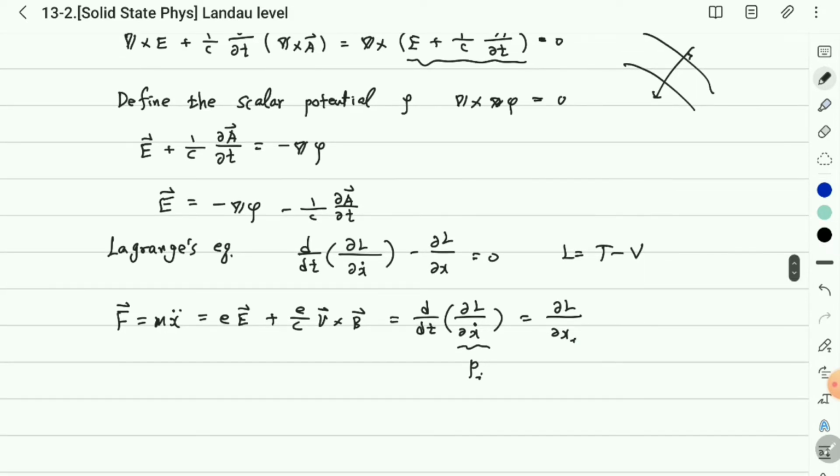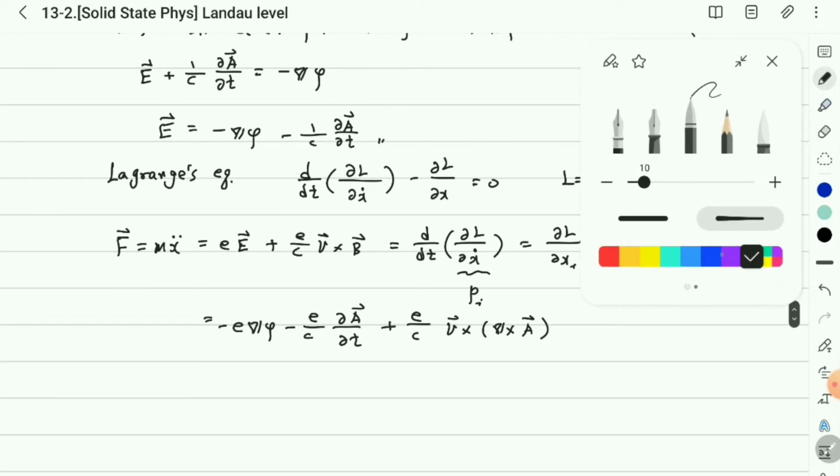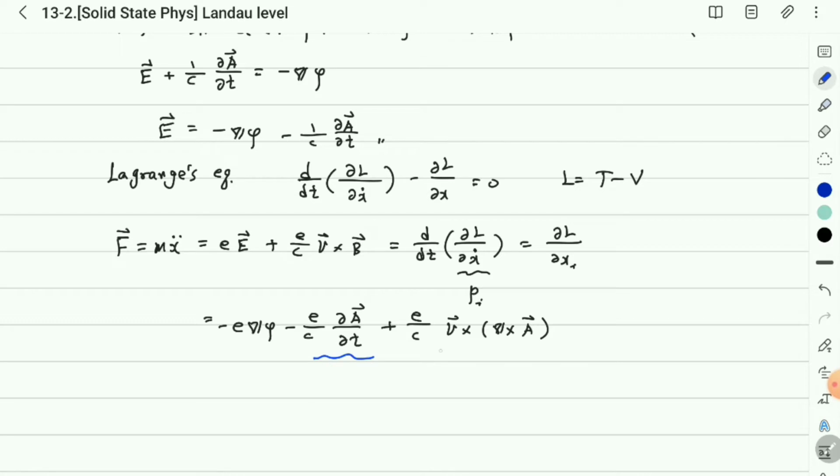Then here, because the electric field we already calculated above, E is minus gradient phi minus 1 over c partial A partial t, and also plus e over c V cross B, where B equals curl A. Let's calculate this term and this term.